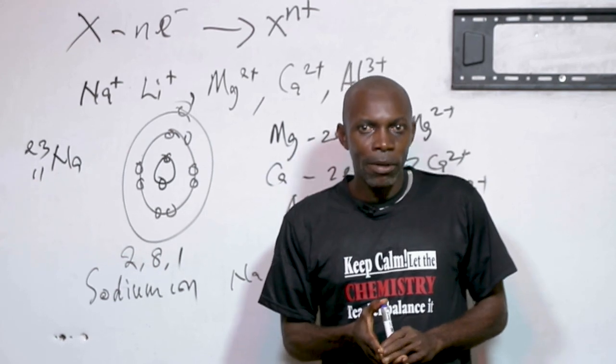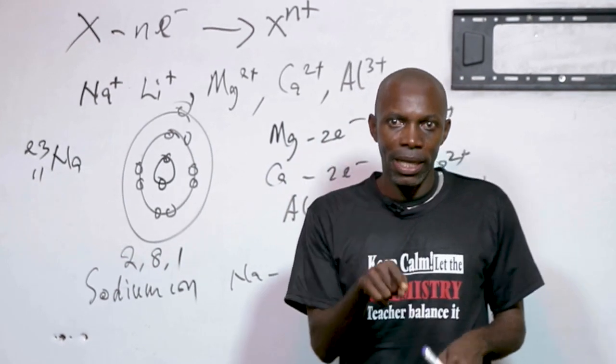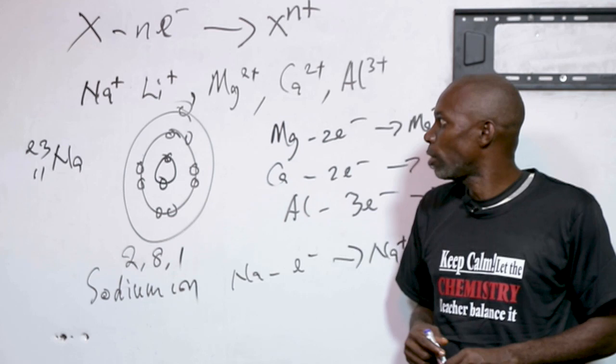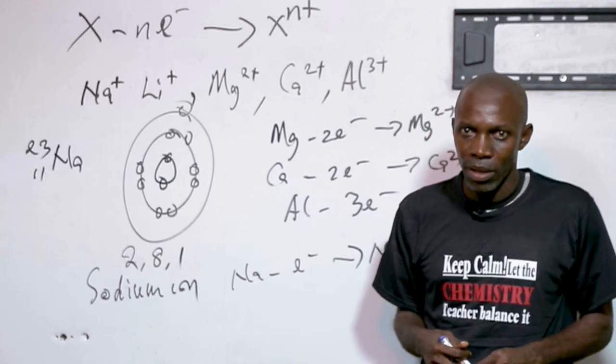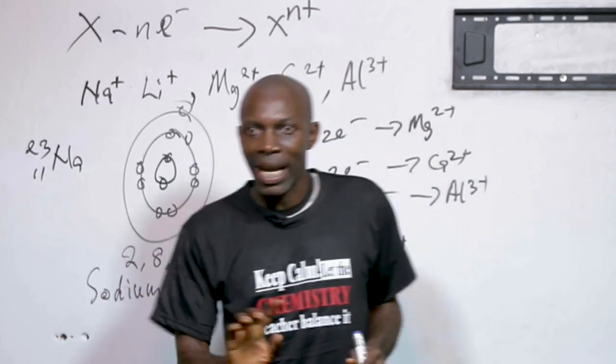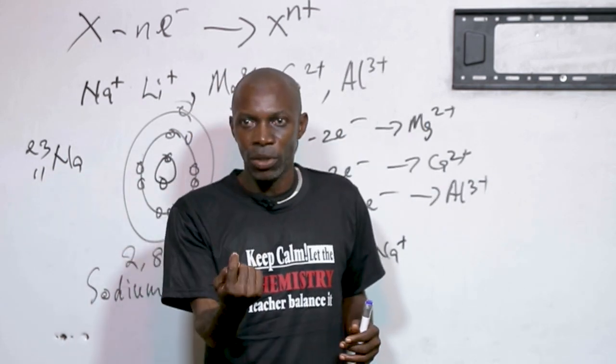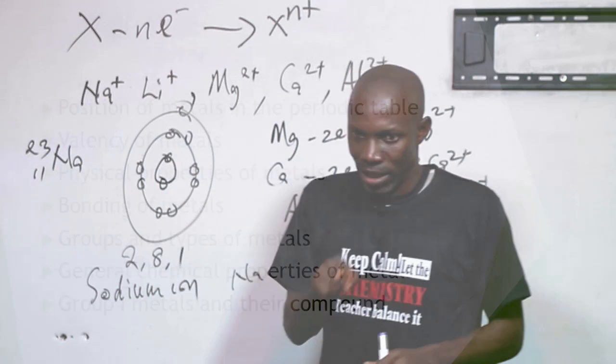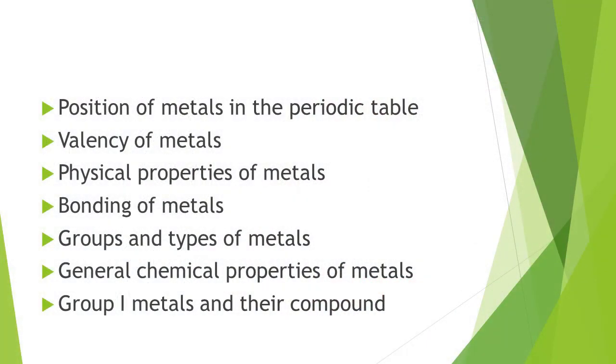In the periodic table, metals are located on the left side of the periodic table. We have the left side, we have the middle side, and we have the right side.